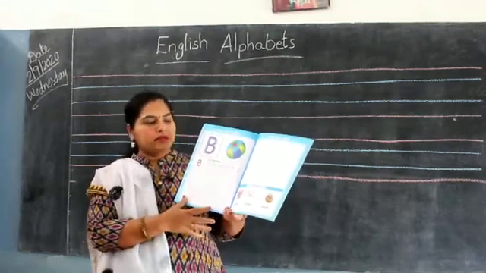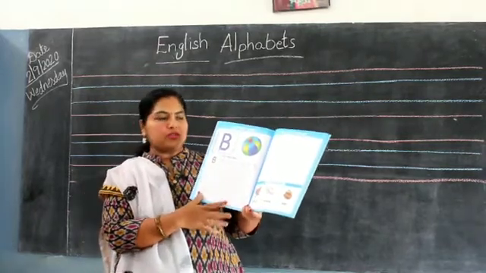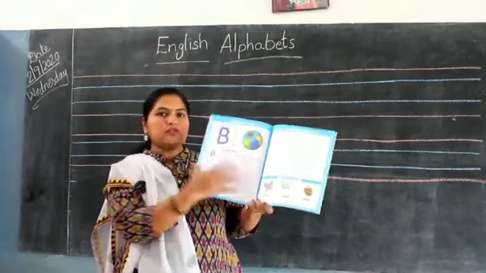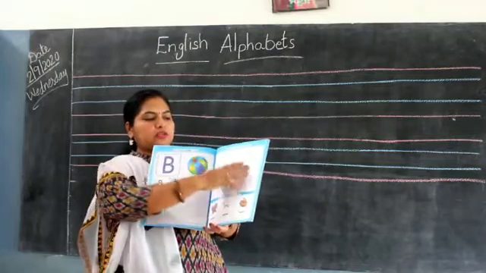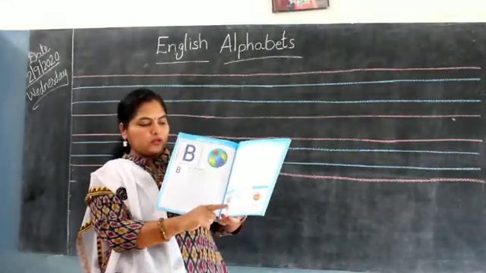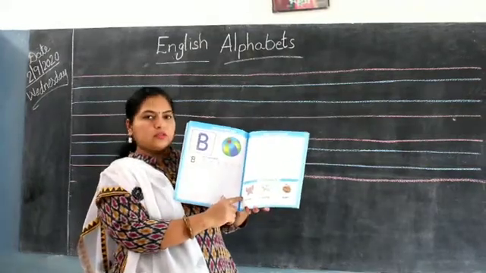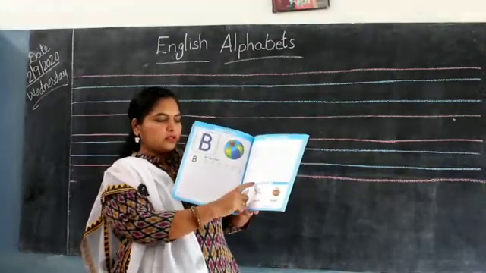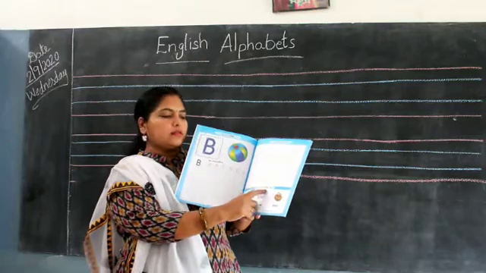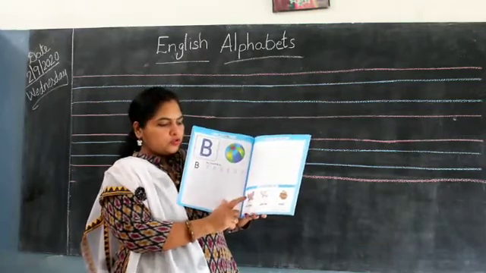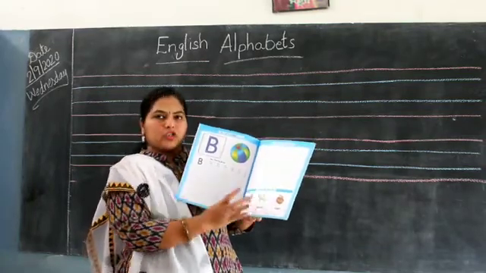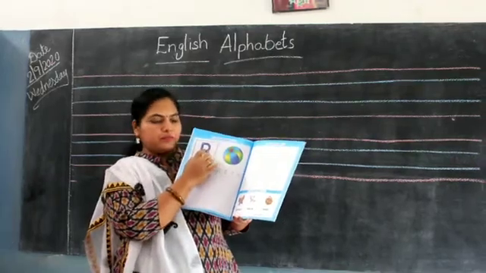You will get the formation. So that's B. And once you come to this page, after writing B, you will have another activity. What does it say? Circle the letter B. All you have to know is which picture belongs to the letter B. B is for ball.